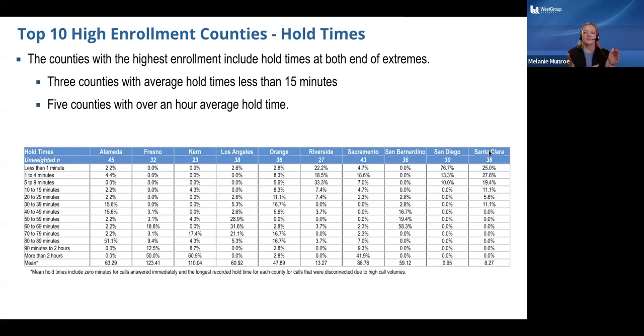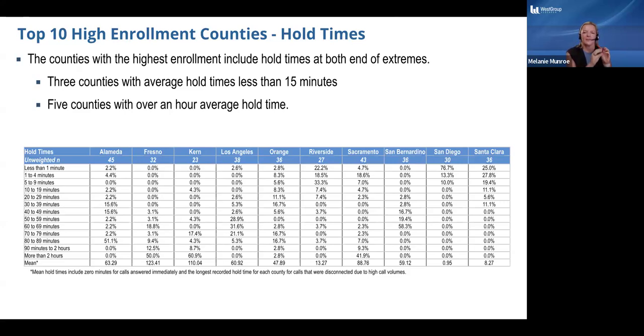So if we look at the distribution of hold times for the top 10 counties based on enrollment, and if you think about what we talked about on the previous slides about Alameda County, there's a pretty high percentage of calls, all between 80 and 89 minutes.